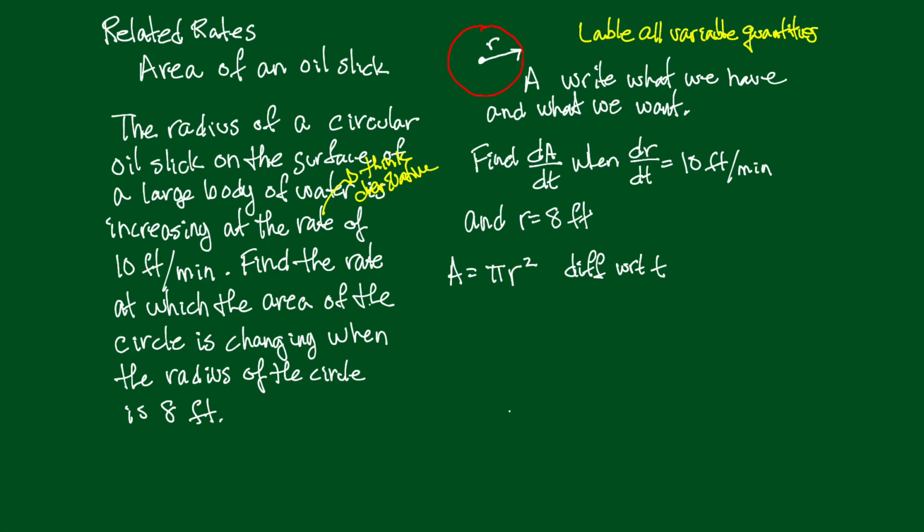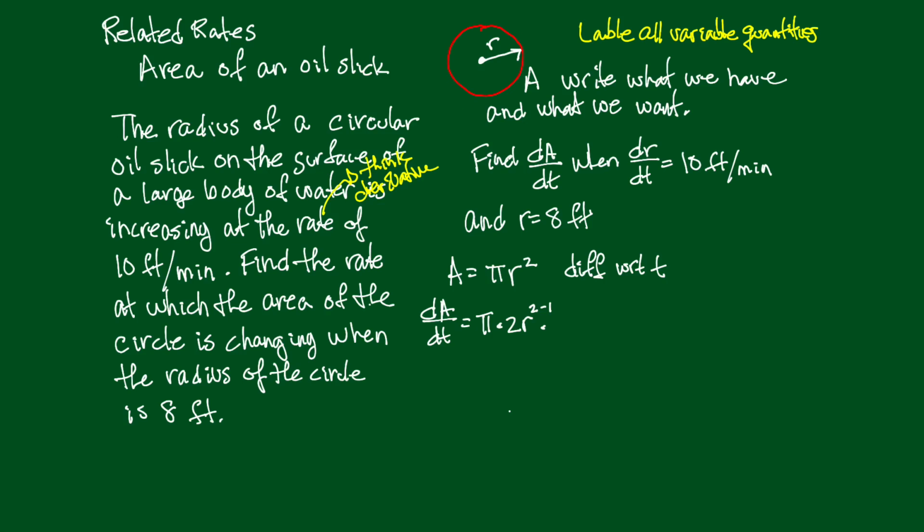So let's use implicit differentiation, and we will get dA/dt equals, now pi, that's a constant, times, okay, what do we get here? Be careful. This is a power, right? So it's going to be the derivative of the outside. So I'll bring the 2 down, decrease it by 1, times the derivative of the inside, right?